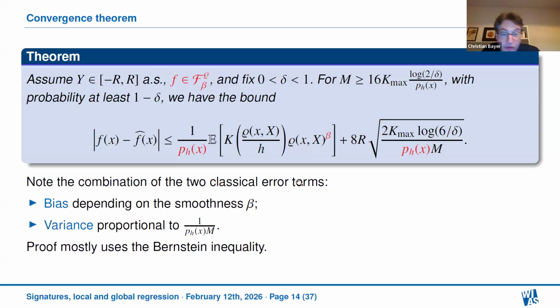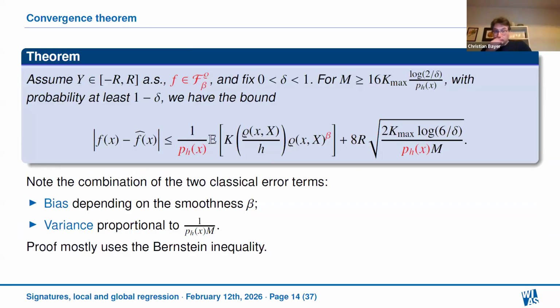A bias term, which depends strongly on the smoothness beta, and a variance term, which depends on the number of samples as well as the small ball probability. Again, this is an estimate with high probability: with probability at least 1 minus delta, this inequality is satisfied.